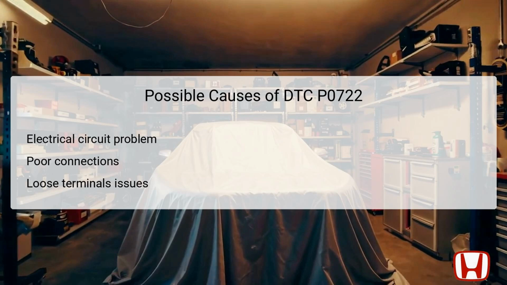It is essential to confirm that all connectors and wiring harnesses are securely attached and functioning properly. It should be noted that this code does not arise from mechanical failures within the transmission system, which simplifies the diagnostic process. These root causes emphasize the significance of proactive checks on electrical components during vehicle maintenance.